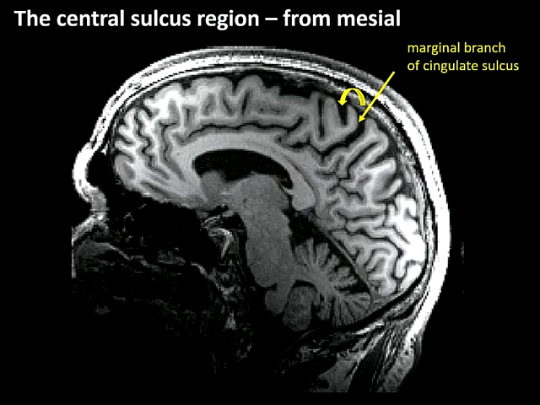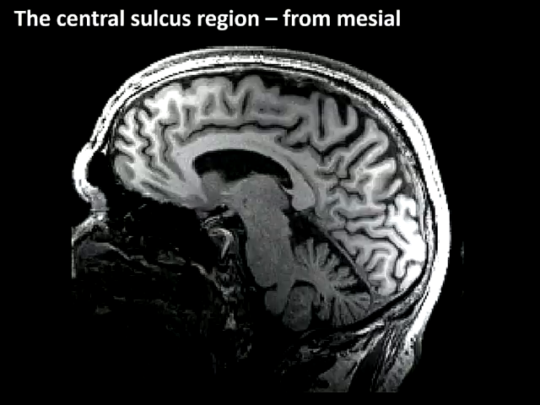But on the mesial side, you can easily see it because it's always in front of this marginal branch of the cingulate sulcus, and it is typically bended a little bit to the back. I hope you can at least imagine it, that it goes a little bit to the back of the brain.